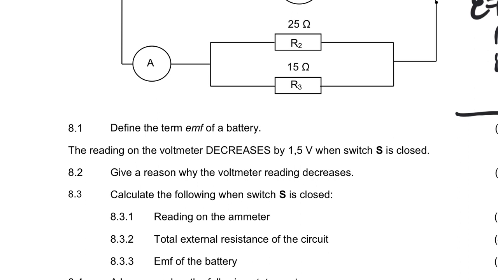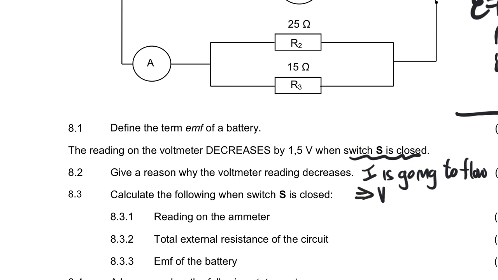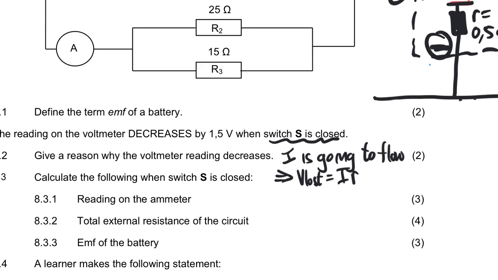Well, that is because as soon as switch S is closed, this is going to mean that current is going to flow. So we're going to get that I is going to flow, which means that we're going to get lost volts, because lost volts is I total times the internal resistance.